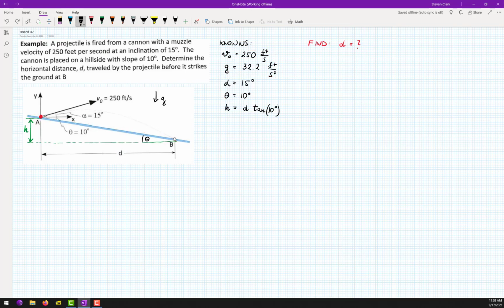Solution. This is how I solve those problems. I consider motion in the x direction separately from what's happening in the y direction. So what happens in the x direction?